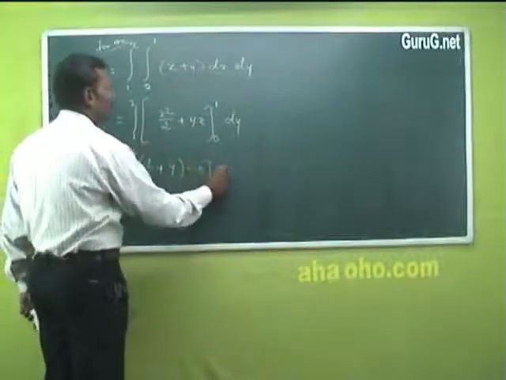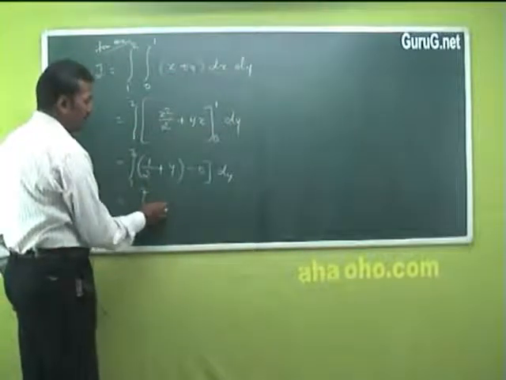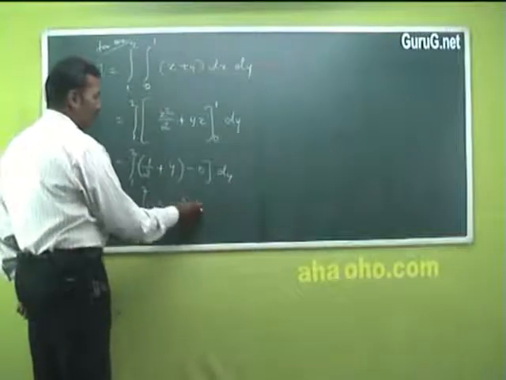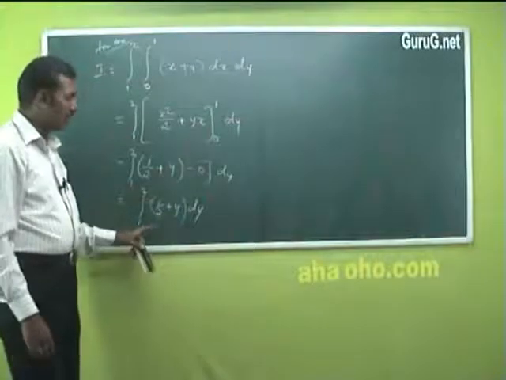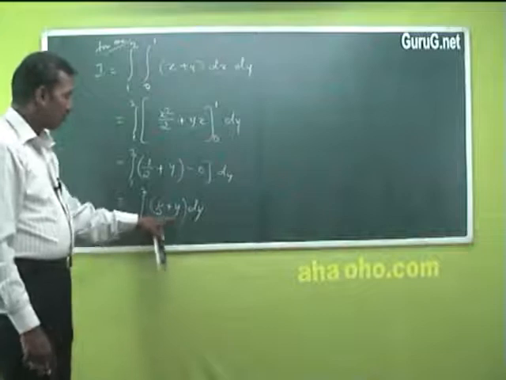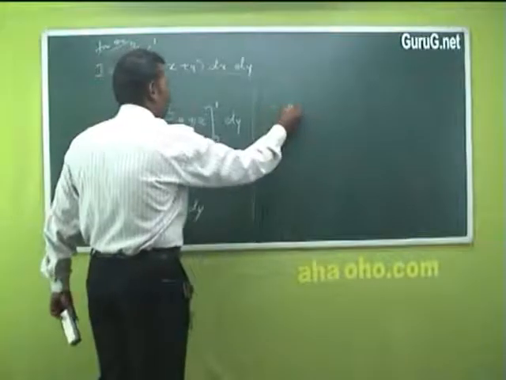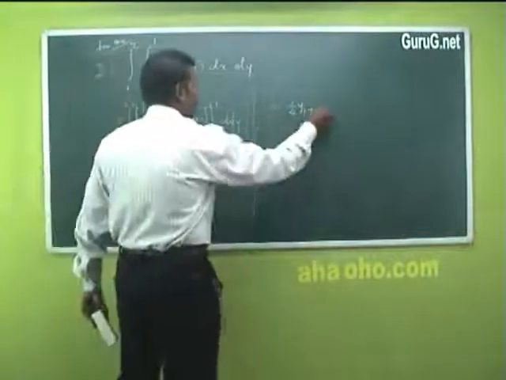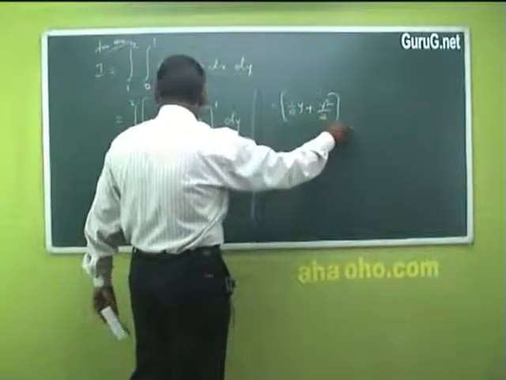So after integrating with respect to x, the resultant function is a function of y alone. Then only we can integrate with respect to y. We convert into a single integral, and it is a function of y alone. So we integrate with respect to y: 1 by 2 into y plus y squared by 2, limit 1 to 2.